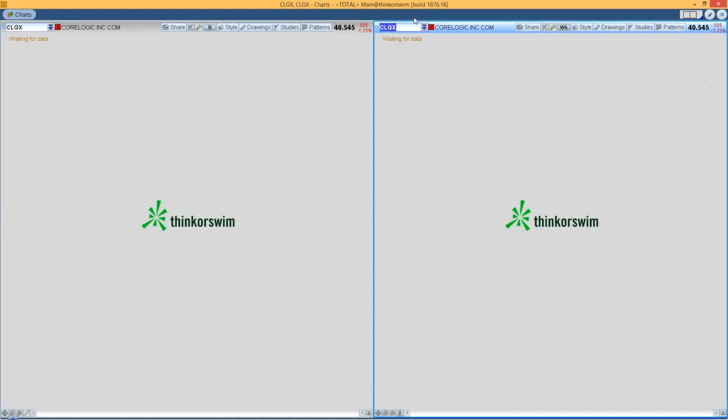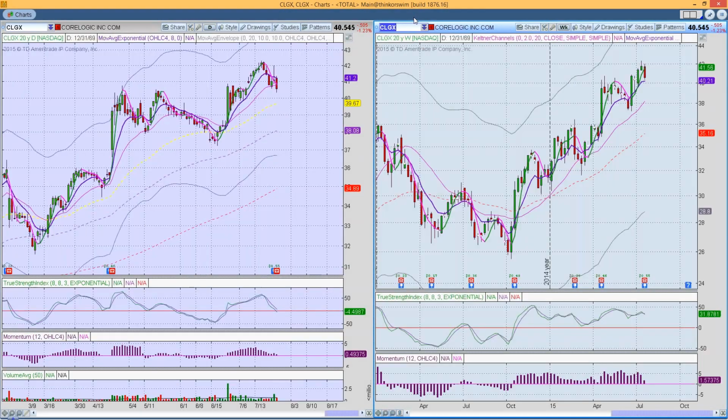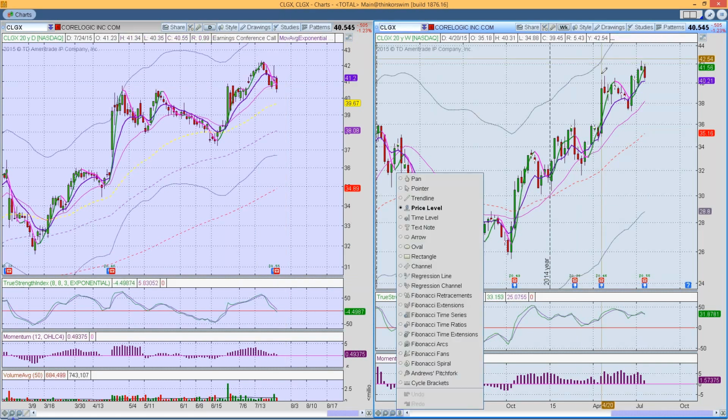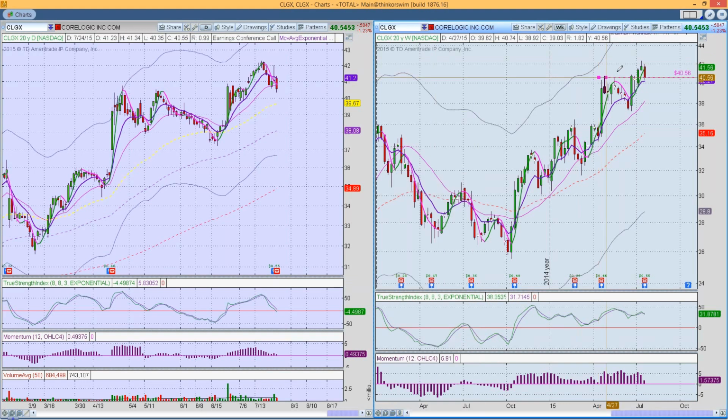CLGX. Okay. Earnings yesterday beat earnings, and it looked like it is testing approximately that breakout area.